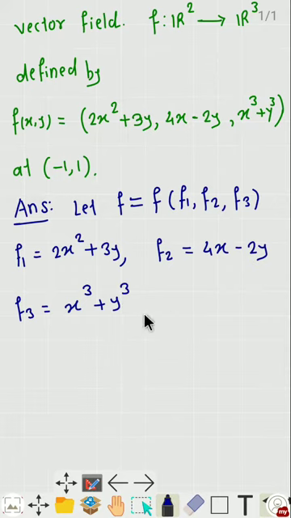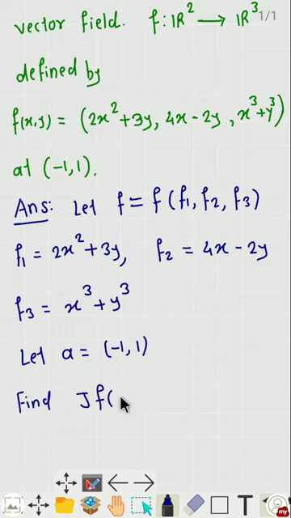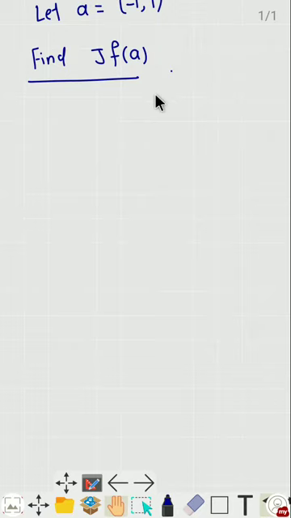Let us take a equal to the point -1 comma 1, and what we have to find is the Jacobian of function f at point A. So we write that Jacobian first of all.